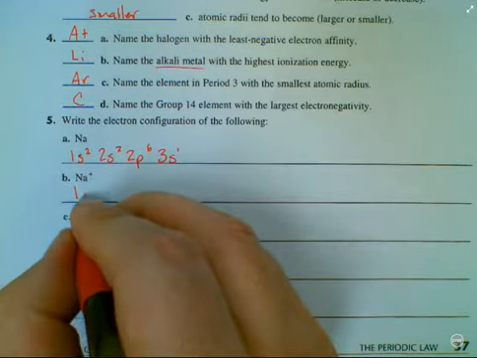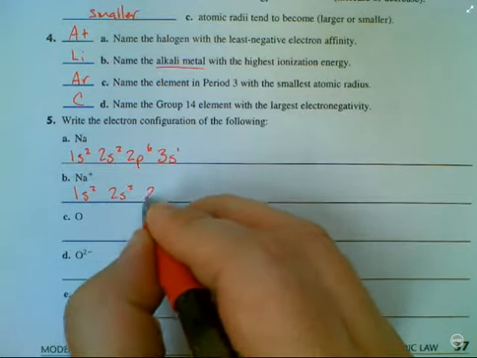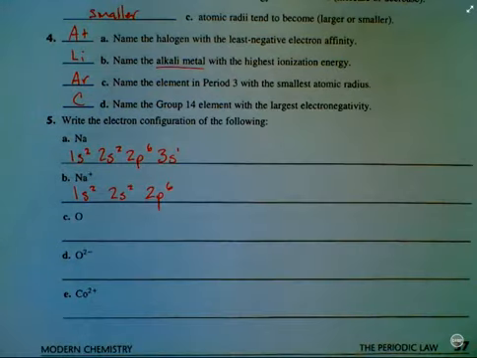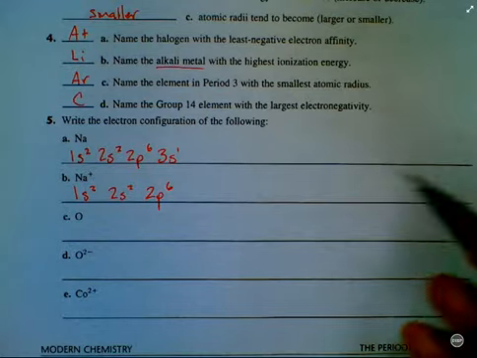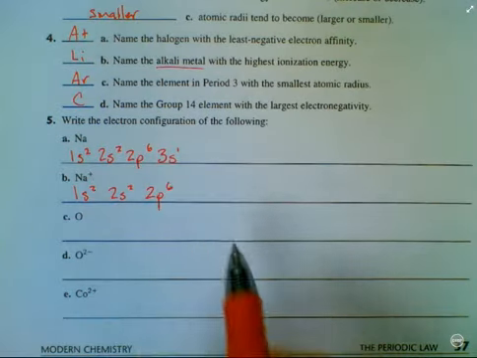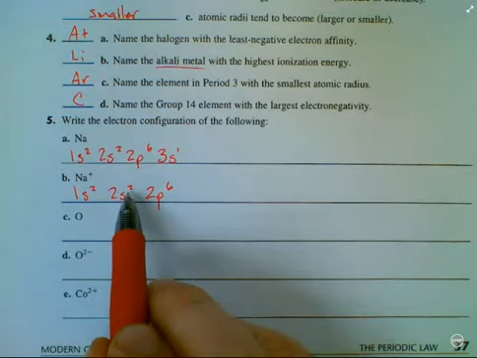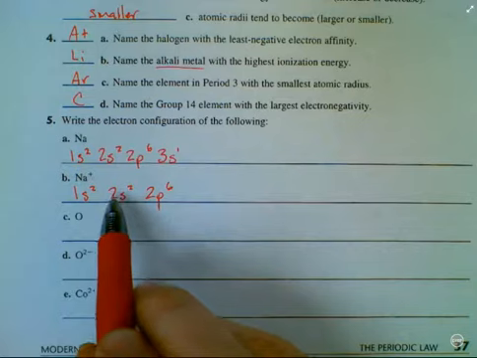So we'll go 1s2, 2s2, 2p6, and stop there. Now, 2 things I want to point out. The only thing I did was drop this 3s1 electron, but I also want to point out that I have a full octet in n equals 2.